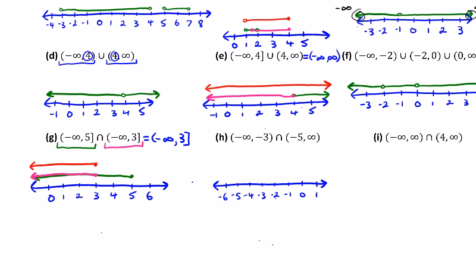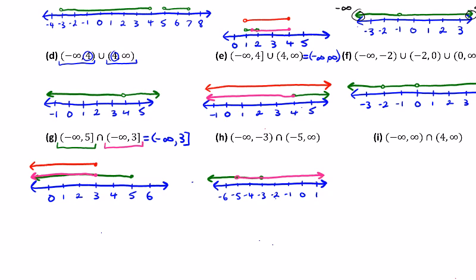First set, open at -3, everything to the left. My second set is going to be open at -5, and it's going to want everything to the right.